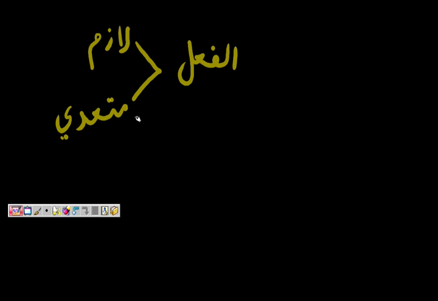The reverse is also true. In some cases it might be used transitively in Arabic, but intransitively in English. The example of that is our friendly ja'a. In Arabic I can say, ja'aka Zaydun, Zayd came you, meaning Zayd came to you. In English I don't use it transitively, I have to say to.